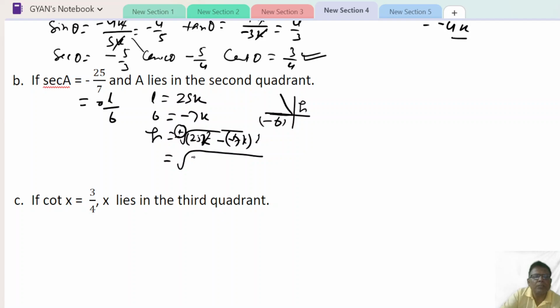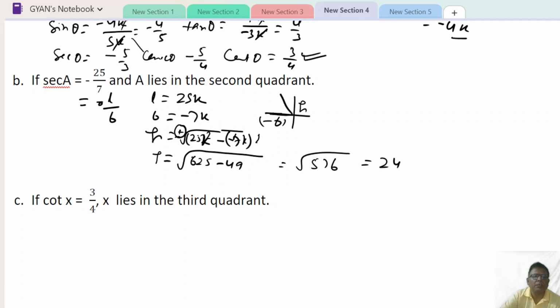25 squared is 625, minus 49. So that will be equal to how much? 576. So that is equal to 24.